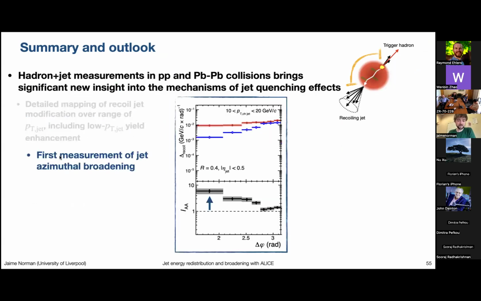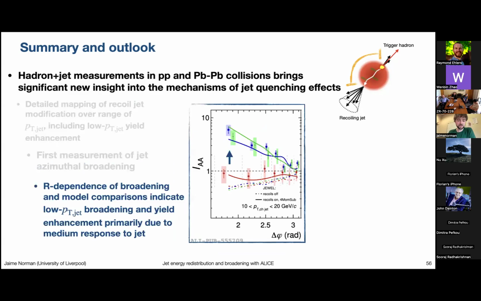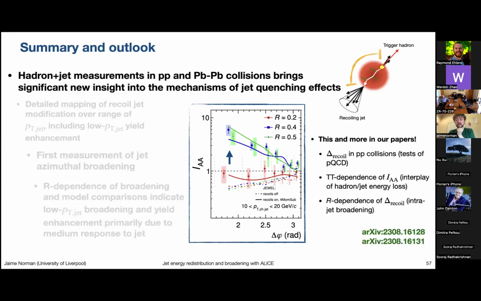We've made the first measurement of jet azimuthal broadening, where the R dependence of the broadening and model comparisons indicate that the low pT broadening, as well as the yield enhancement that we see, is primarily due to the medium response to the jet. This is the highlights from our papers.